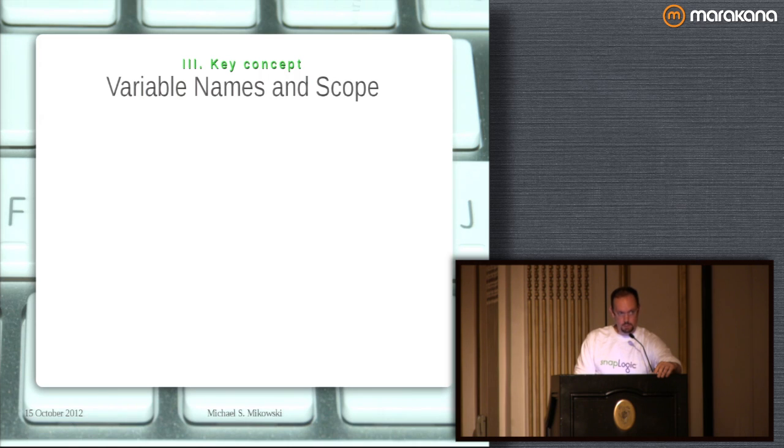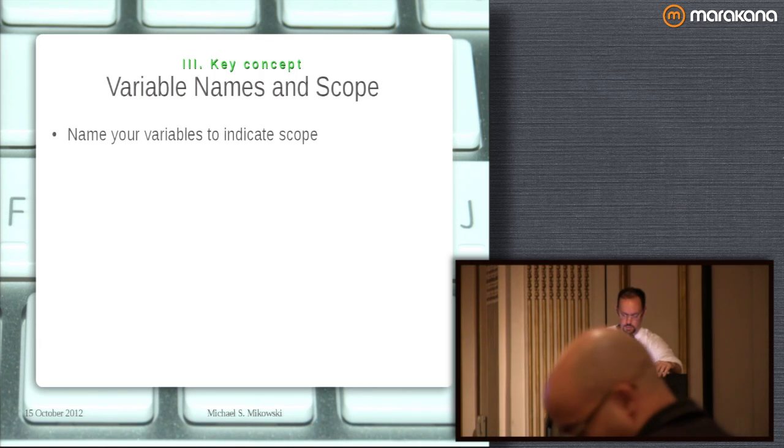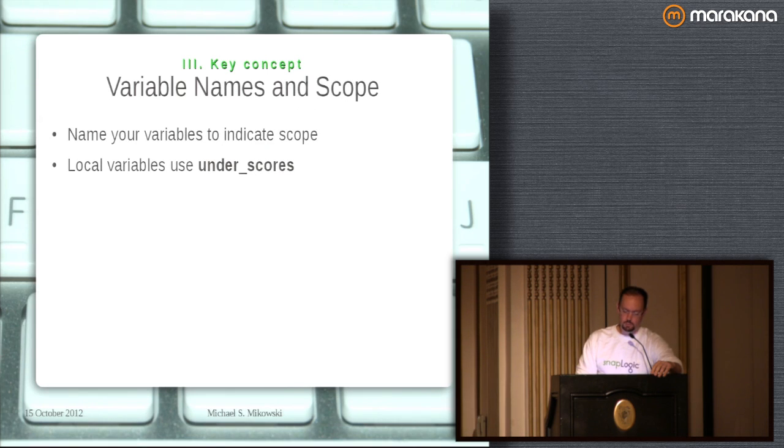Another point that we like to do is to name our variables according to the scope that they're used in. Generally, we use underscores for variables that are local, and then if they're of a module scope, we'll use camel case.